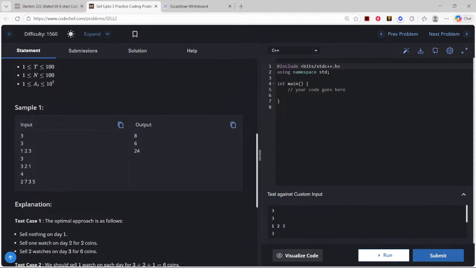If I is equal to n, we can simply return 0 because we cannot sell any more watches. If I equal to n, then return 0, right?